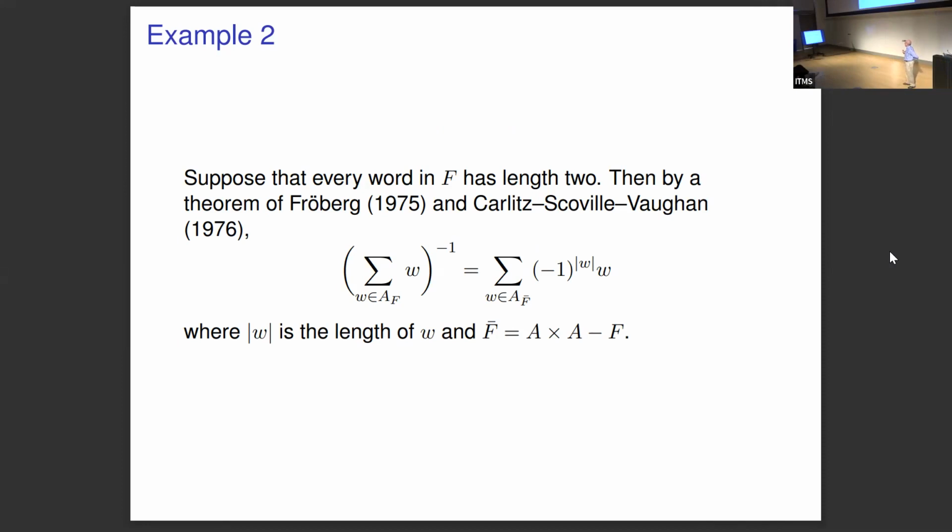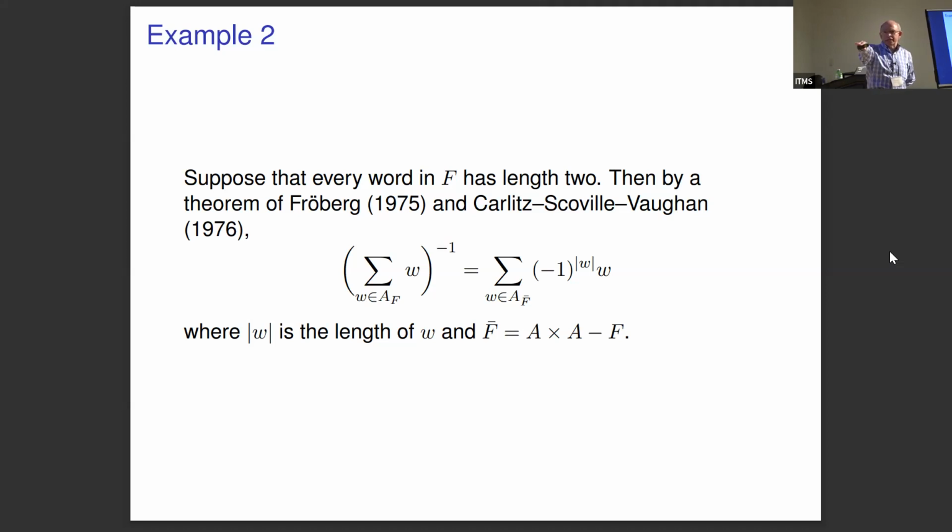There's a theorem of Furberg and Karlitz, Scoville, and Vaughan, who discovered it around the same time, in the mid 70s, that says that in this case, if every forbidden word has length 2, then the reciprocal of the sum of all the words with no forbidden subwords is just the sum of all words in which every consecutive pair is forbidden.